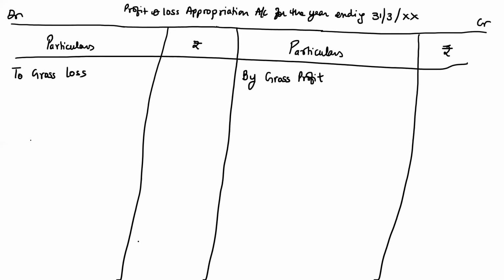What else do we write? We write all the indirect expenses on the debit side. And why do we write it on the debit side? Because P&L account is a nominal account. In nominal account, we debit all expenses.